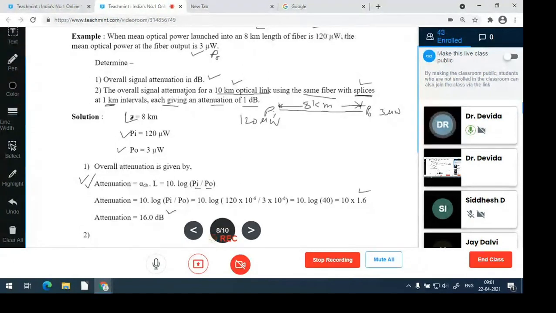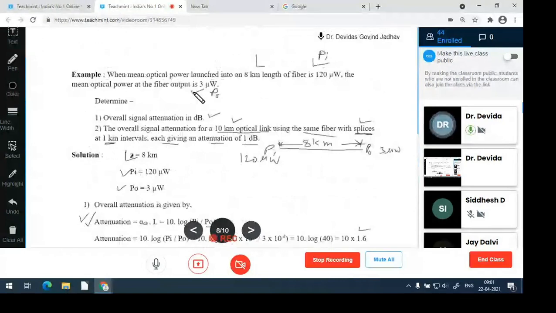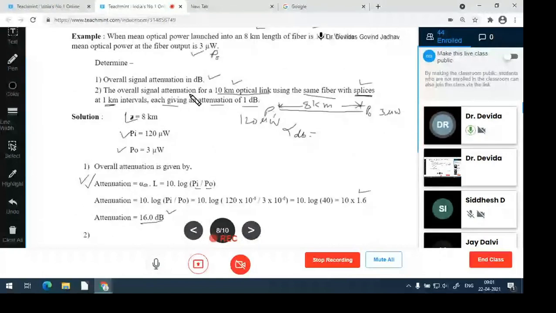So this attenuation of 16 dB is for 8 kilometers. So we can calculate alpha dB, since alpha dB into L is attenuation.